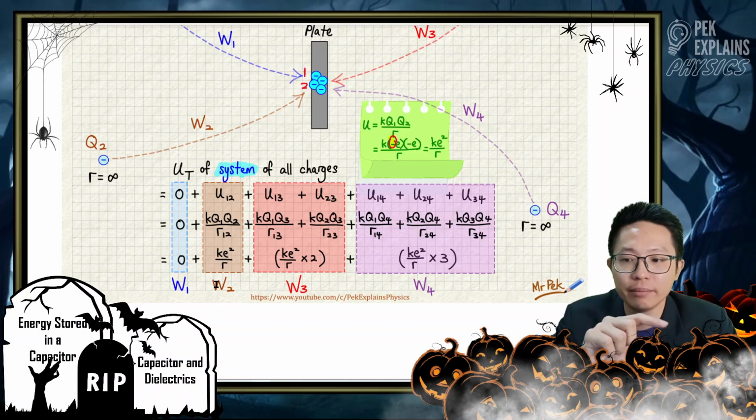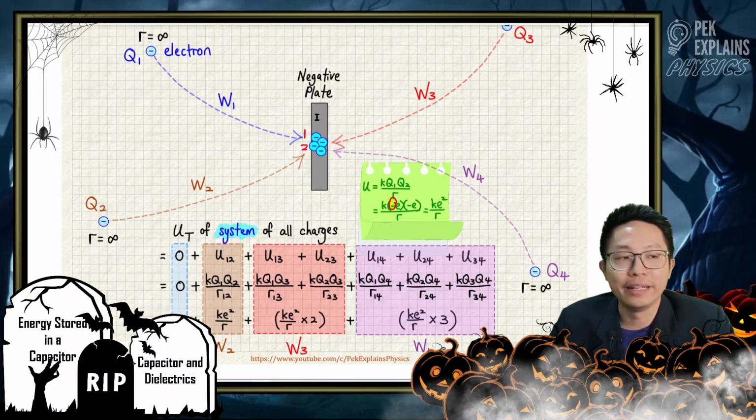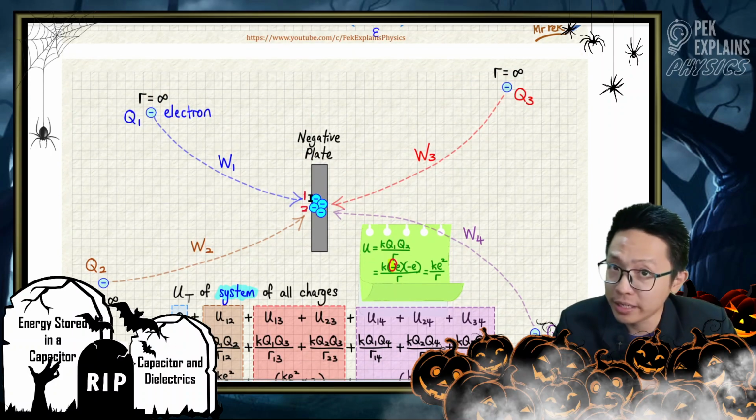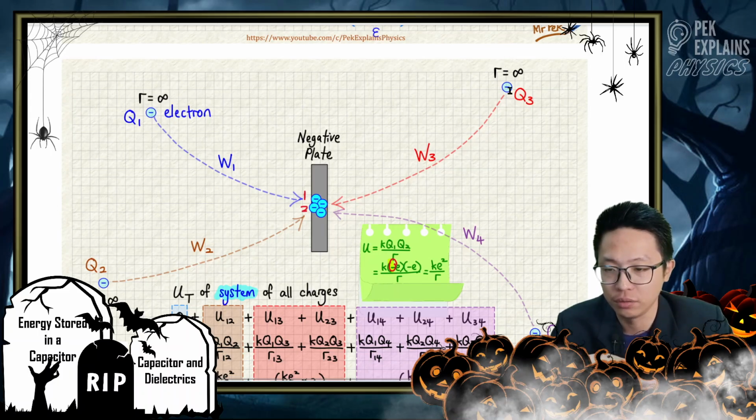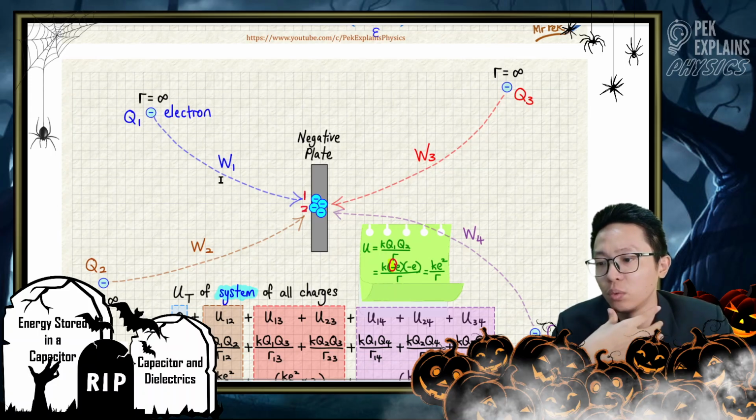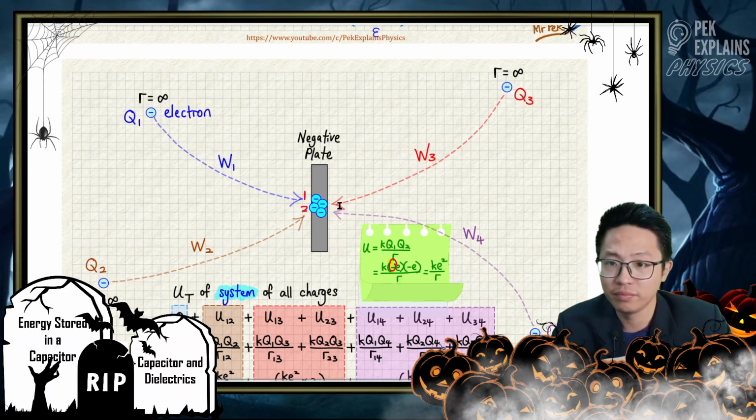Slightly more work, a little bit of work. Now, in the negative plate, how many electrons have already gathered? Two electrons. Now I want to bring the third electron from the positive plate to the negative plate. Is it much easier compared to work 1 and work 2? Is work 3 less than work 2?